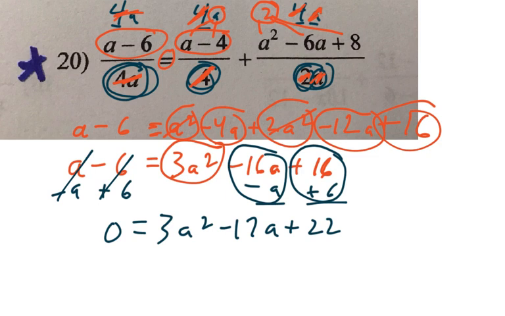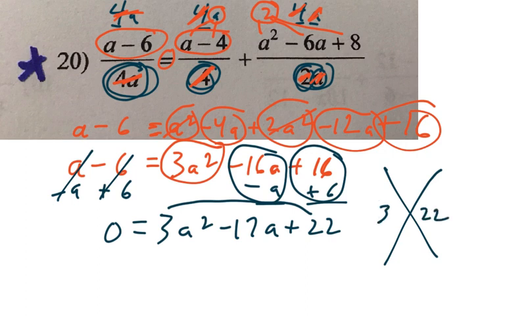Now, because I don't have my calculator ready to go and I want to save a little time, guys, I want to remind you that you can solve this with factoring, usually. So let's see if we remember. Remember, I have to take the first times the last. So that's 66. I need a minus 17 in the middle.